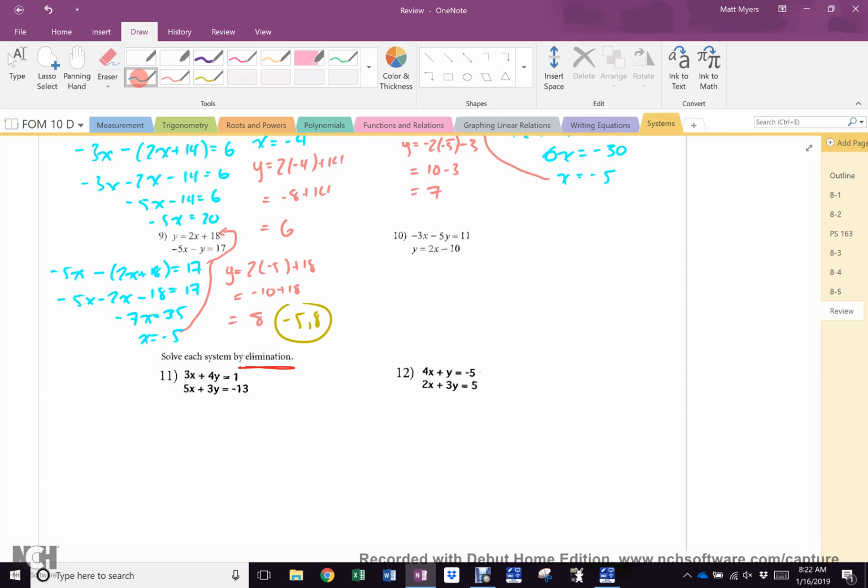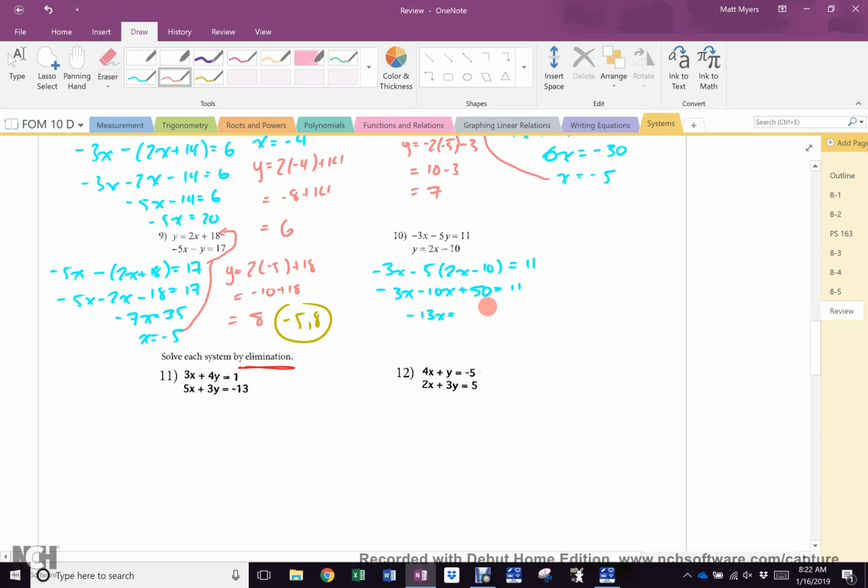And lastly, for substitution, negative 3x minus 5, 2x minus 10 equals 11. Negative 3x minus 10x plus 50 equals 11. Negative 13x equals 39. X equals negative 3. Pardon me? Is it negative 39? It is negative 39.